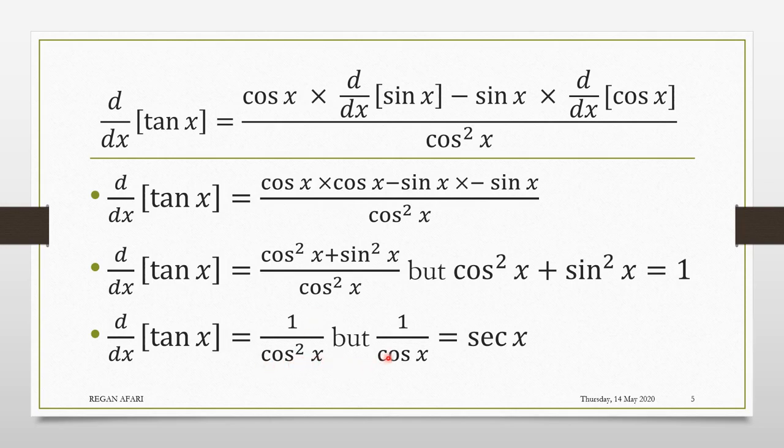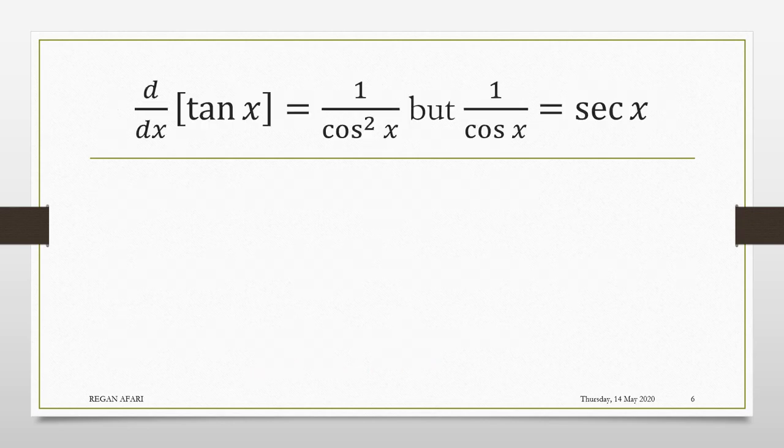From trig, we also know that 1 over cosine is sec. If this is squared, then you have all this squared, because 1 squared is still 1. So 1 over cos squared x becomes sec squared x.